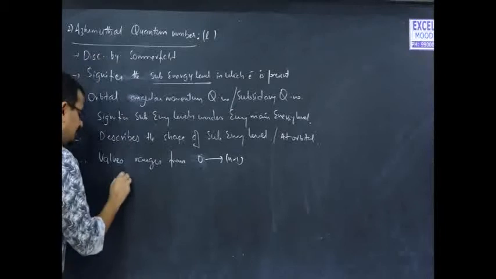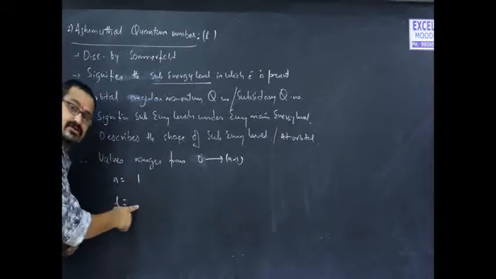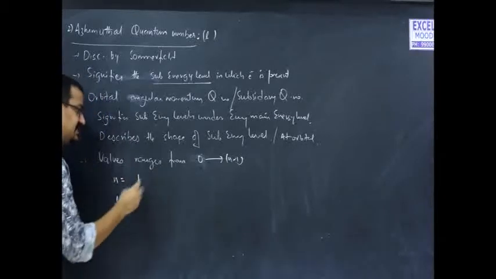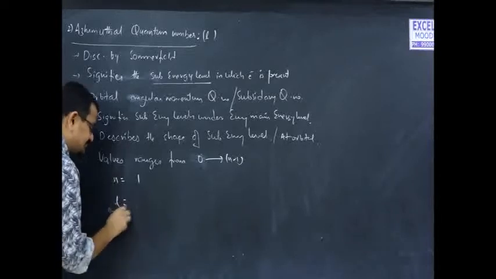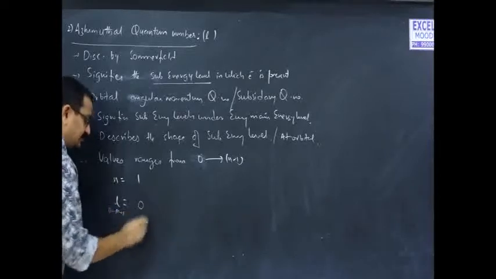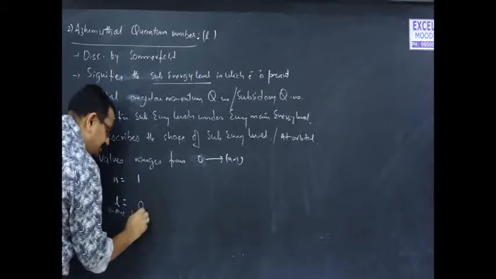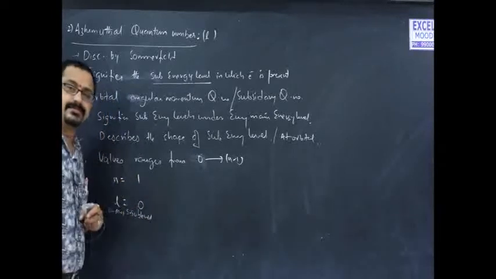For example, for the first orbit, the possible sub-energy levels under the first energy level are 0 to n minus 1, 0 to 1 minus 1, which means 0. There is only one sub level under the first main energy level, which is designated as the S sub level.